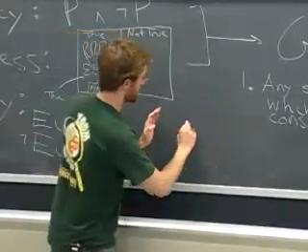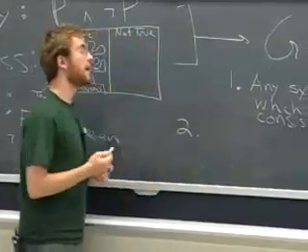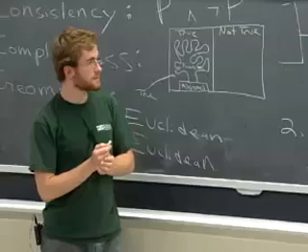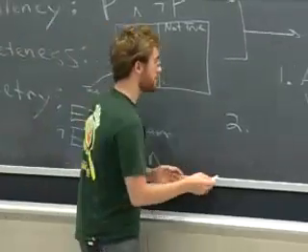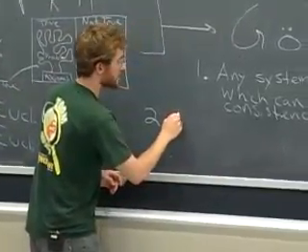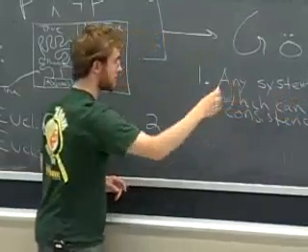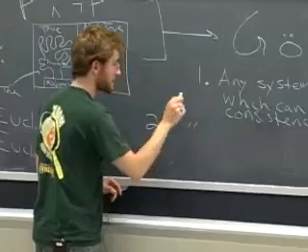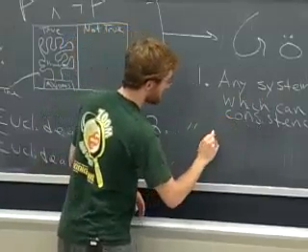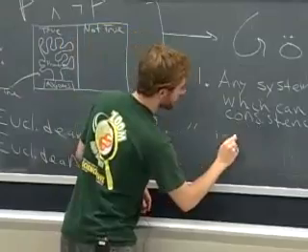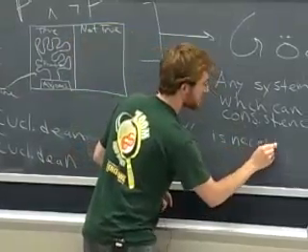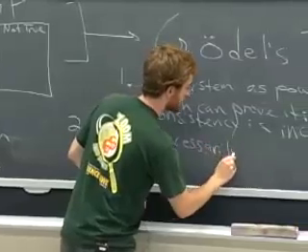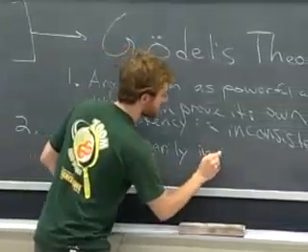So the second one, and I'm just going to go ahead and start it over here, is: any system as powerful as number theory is necessarily incomplete.